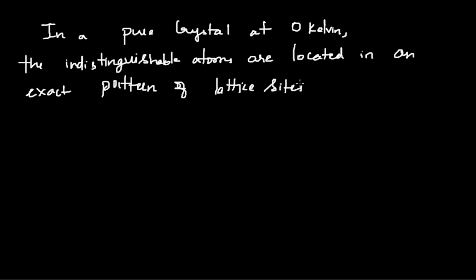This is true: in a pure crystal at 0 Kelvin, all the atoms are located in their own lattice sites. There is no defect there. They are exactly in their position.